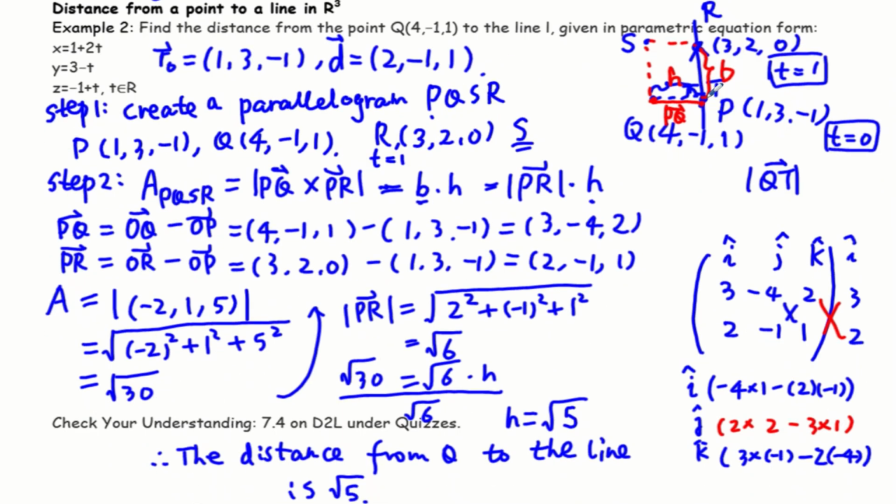First thing, we need to create a parallelogram. For the parallelogram, we use t equals 0 and t equals 1 to find 2 points on the line. Based on these 2 points on the line, we have 2 vectors for the parallelogram from the same point. So PQ cross multiplied with PR gives us the area. Then we divide by the base, the magnitude of PR. It will give you the height. The height is the distance.